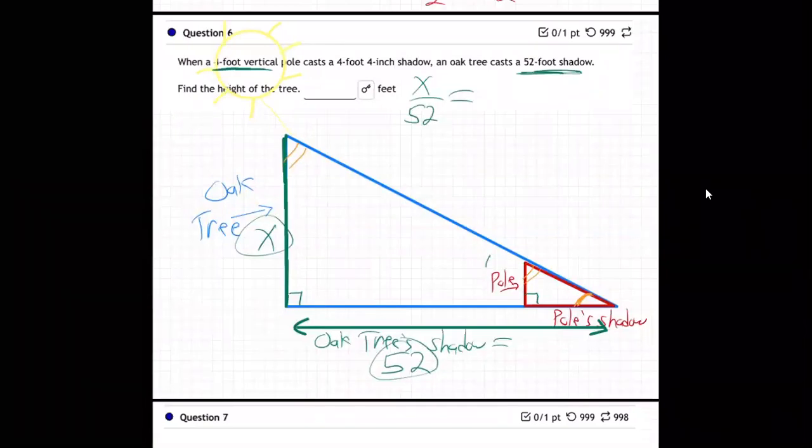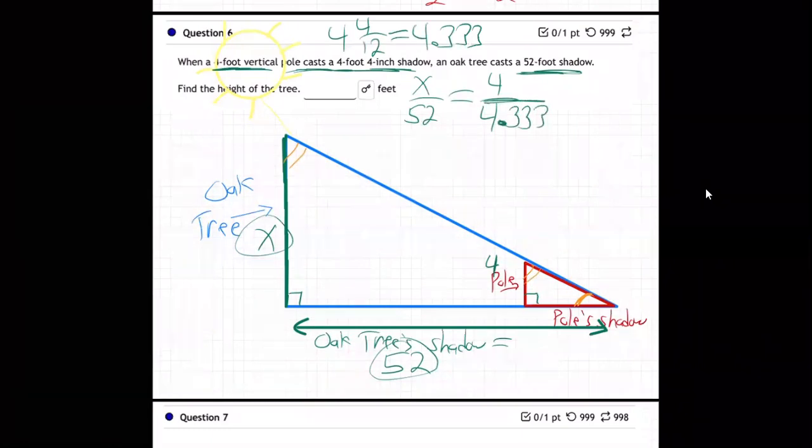So this is 4 over the pole's shadow, 4 foot 4 inches. Now, how do you do 4 inches? That's 4/12, which is 4.333. I'll just do 3 decimals; the 3's actually go forever. Are you seeing that?